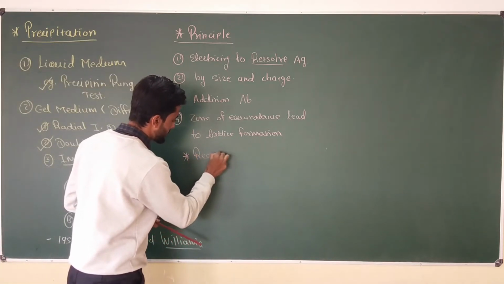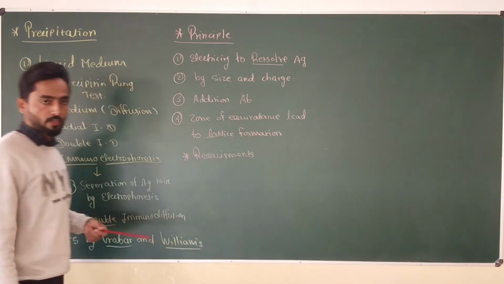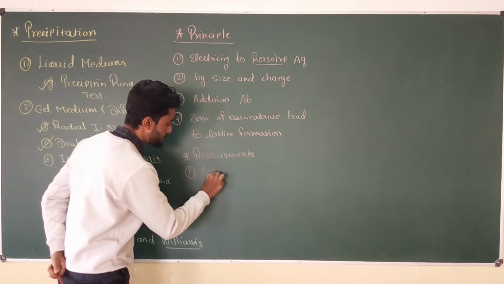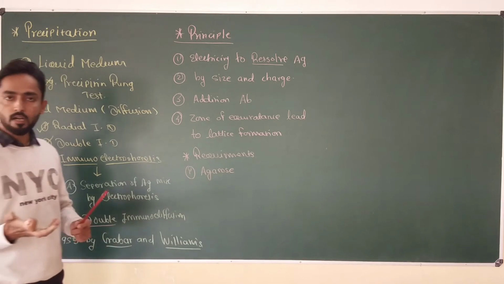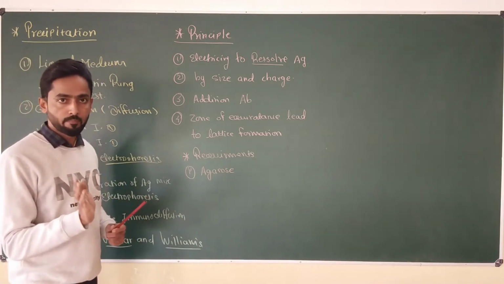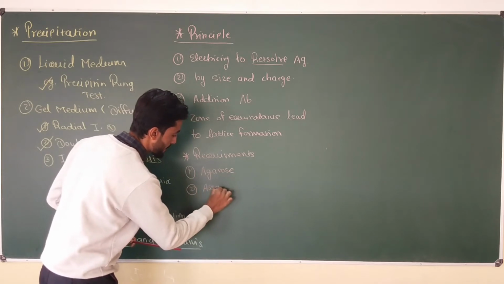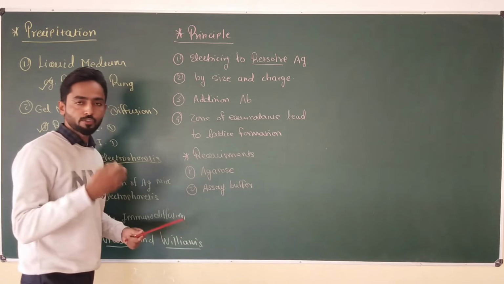For this test, there are various things one needs in the lab. The requirements are: number one, agarose powder. You can use agarose or agar, or you can use polyacrylamide powder. The second is assay buffer, because it is an immunological reaction.